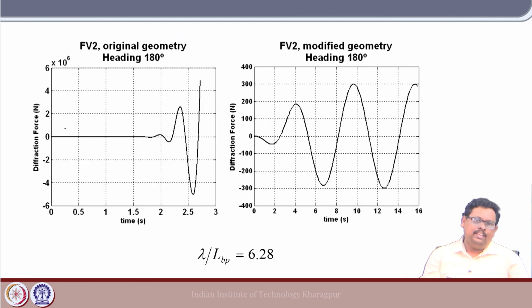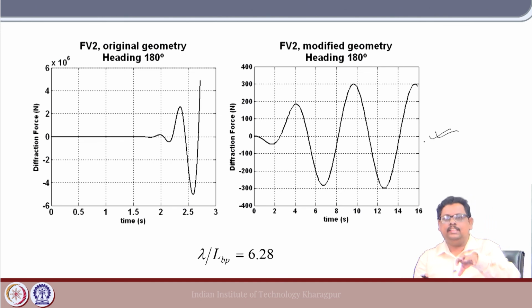Once we do that, you can see we get a remarkable result. Earlier the force was going to 10 to the power 6, and now we get very regular, very nicely sinusoidal results. This is what I would like to tell you about the panel method, this is the strategy you have to use.